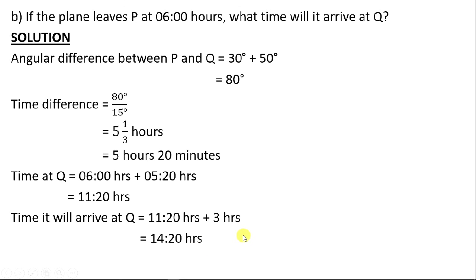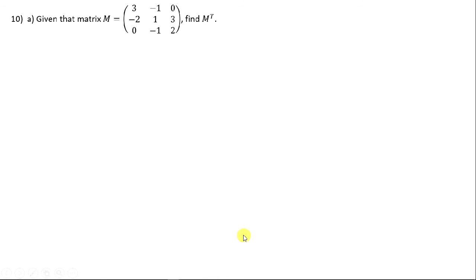We continue. Given that matrix A is equal to, the first row has entries 3, -1 and 0. The second row has -2, 1 and 3. The third row has 0, -1 and 2. Find A transpose. A transpose means make the rows into columns. As you are making the rows into columns, the columns will become rows.